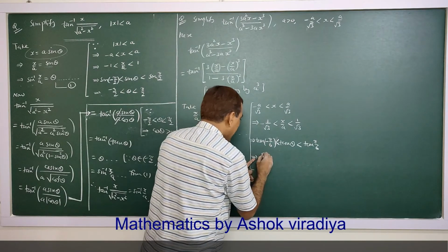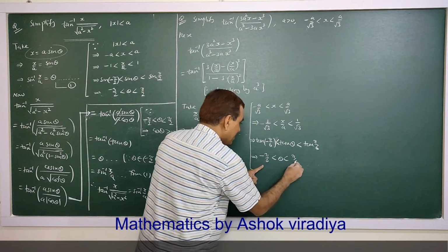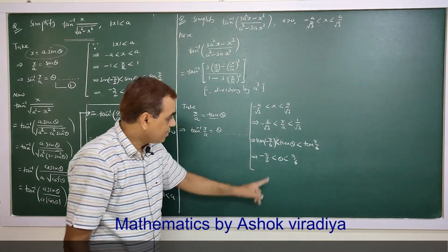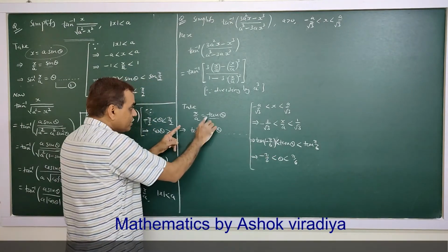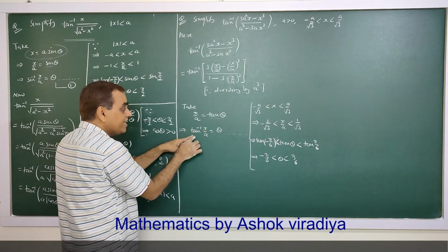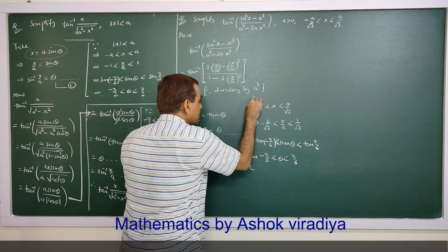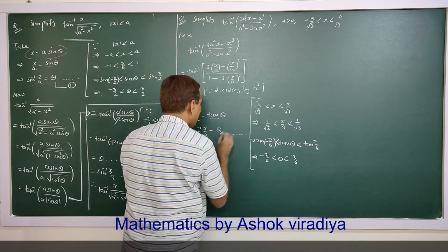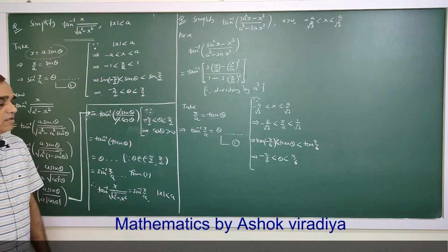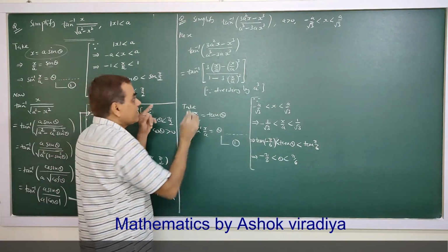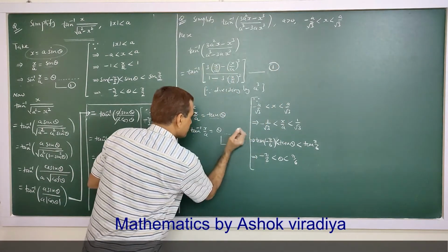So removing tan, the sign of inequality remains unchanged, and you can see that theta is already in the restricted domain of tan. Therefore this can be shifted to this side in terms of tan inverse. So the reason for this step is shown here. We say this is 1, and let me say this is 2.